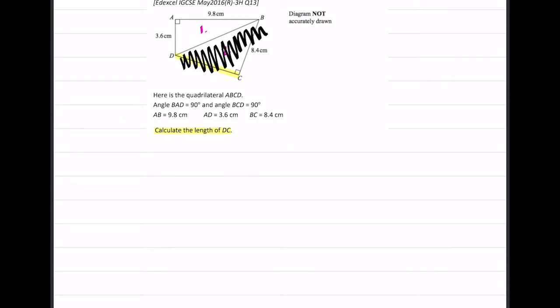Once we have BD, whatever it may be, then I would be able to ignore triangle ABD, because I would then have this length, I'd have the shorter side, which means that I would be able to calculate the second or additional short side of the second triangle.